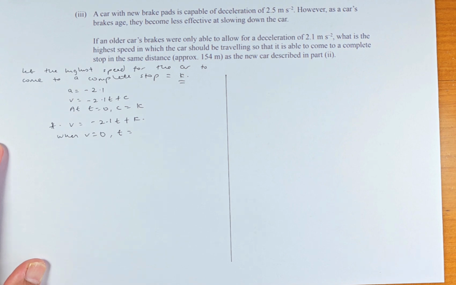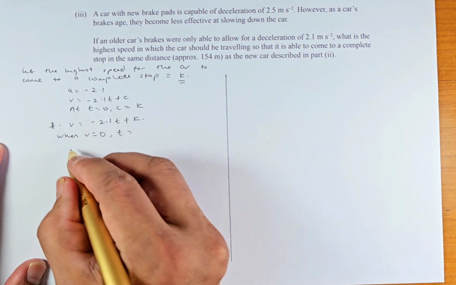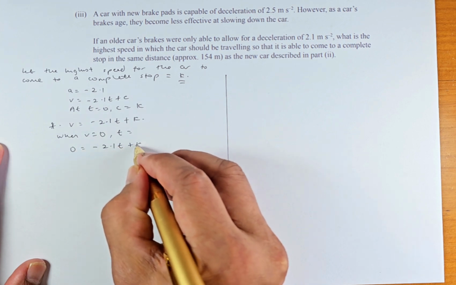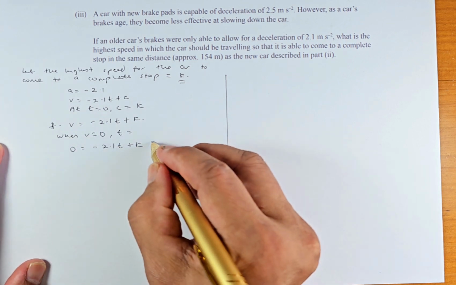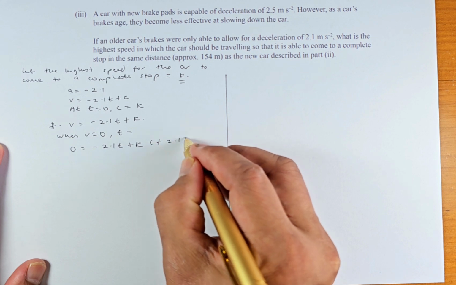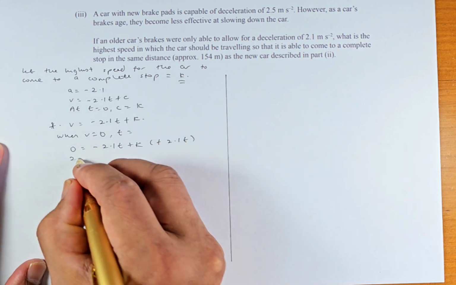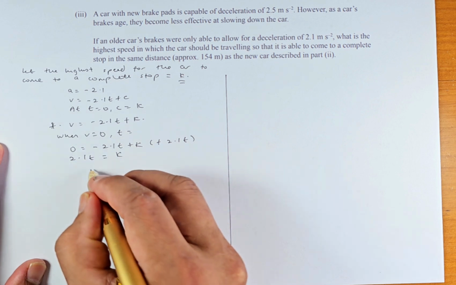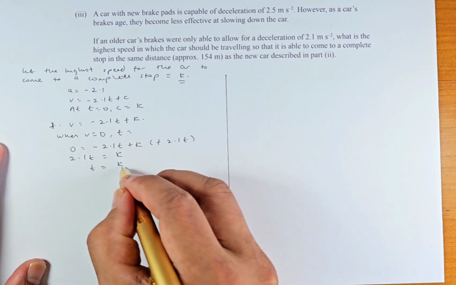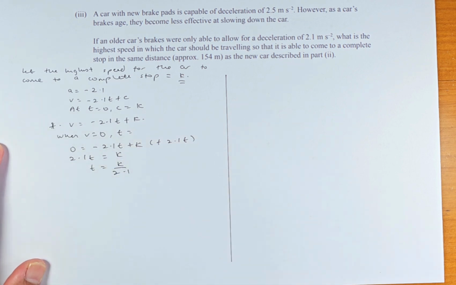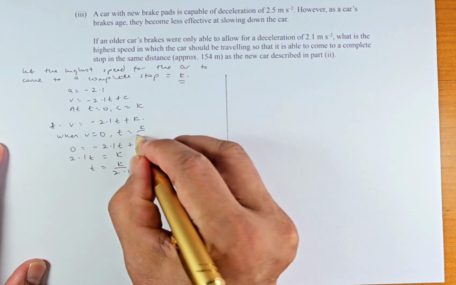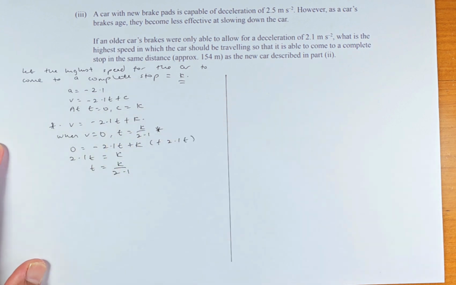To do that, we substitute v equals 0. So 0 equals minus 2.1 t plus k. To solve this equation, we add 2.1 t on both sides. So 2.1 t equals k, and t equals k over 2.1. So we have found that when the velocity is 0, the time is k over 2.1. Remember that too.